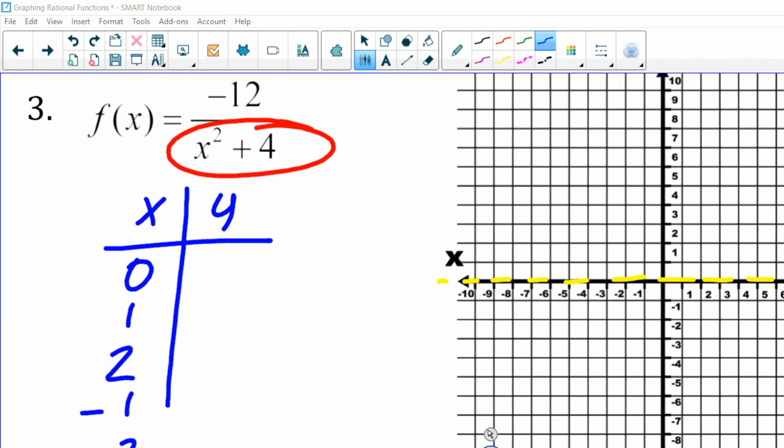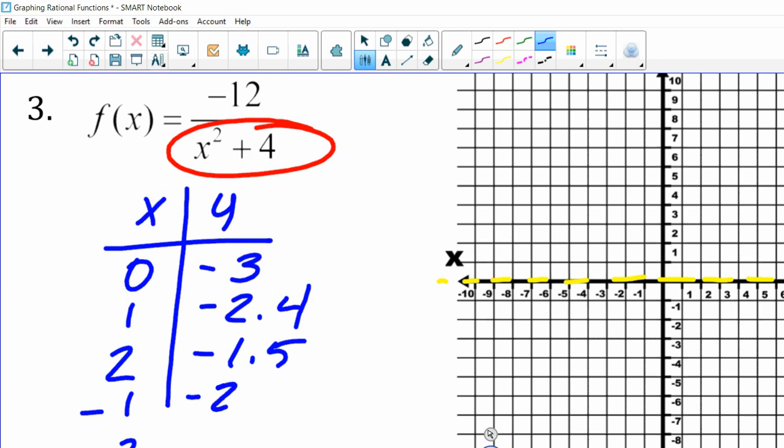When x is 0, -3. When x is 1, -2.4. 2. What is -1? and -2.